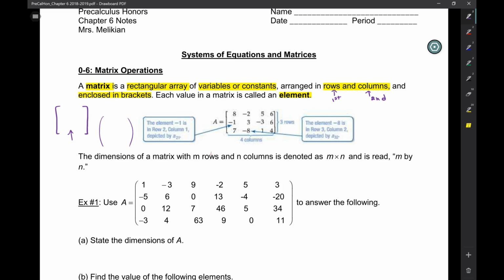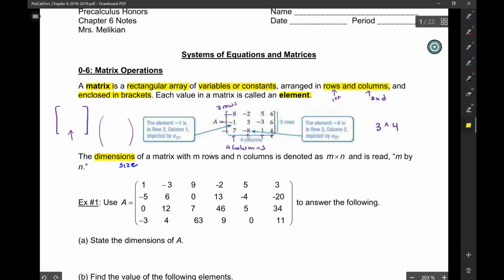So here, this has 3 rows and this has 4 columns. We say this is a 3 by 4 matrix. That's how we give the dimensions. The dimensions is basically the size of the matrix.